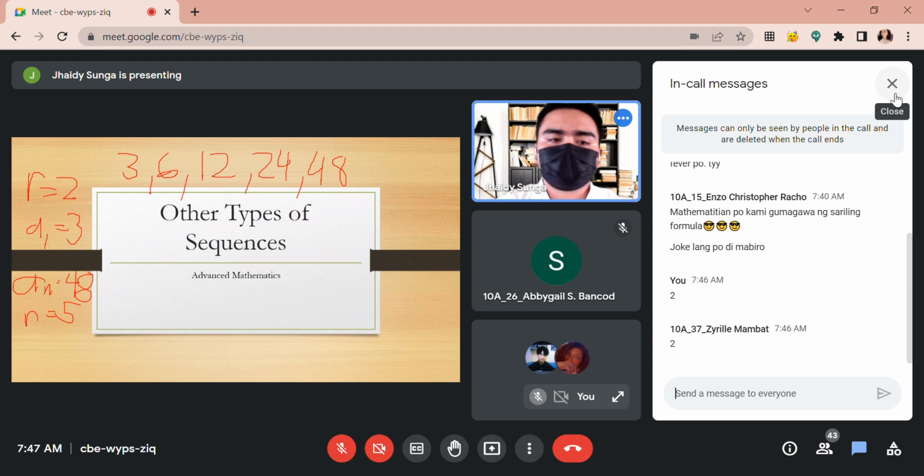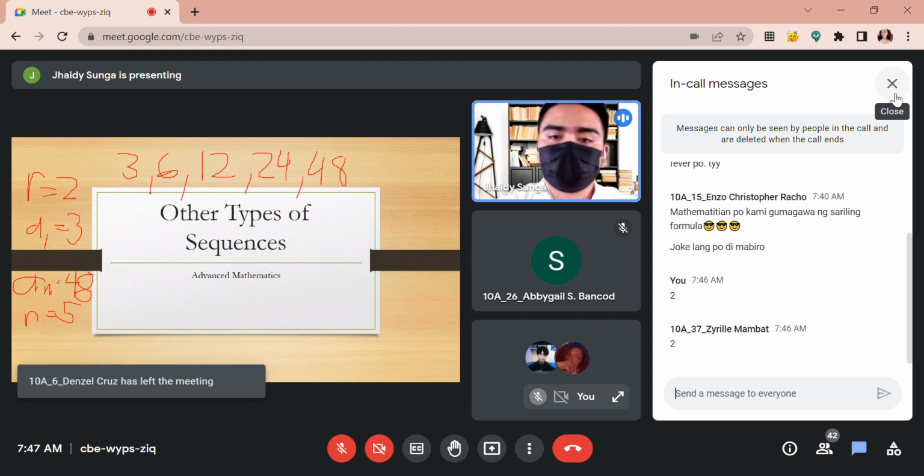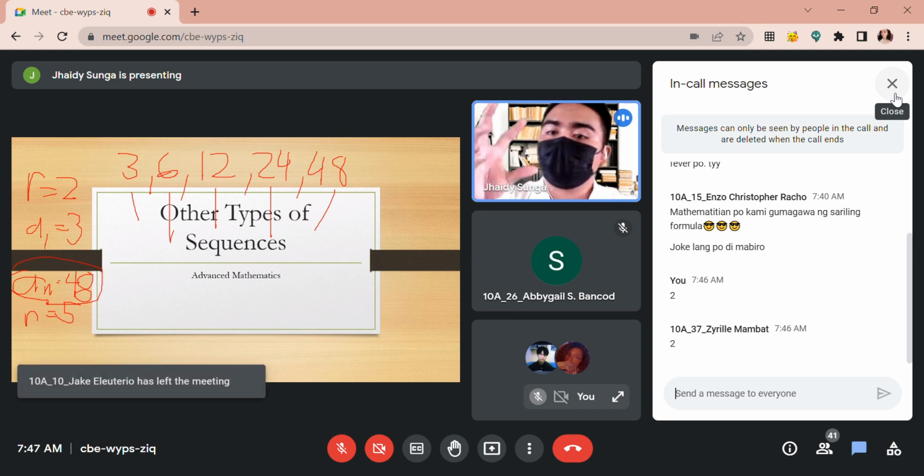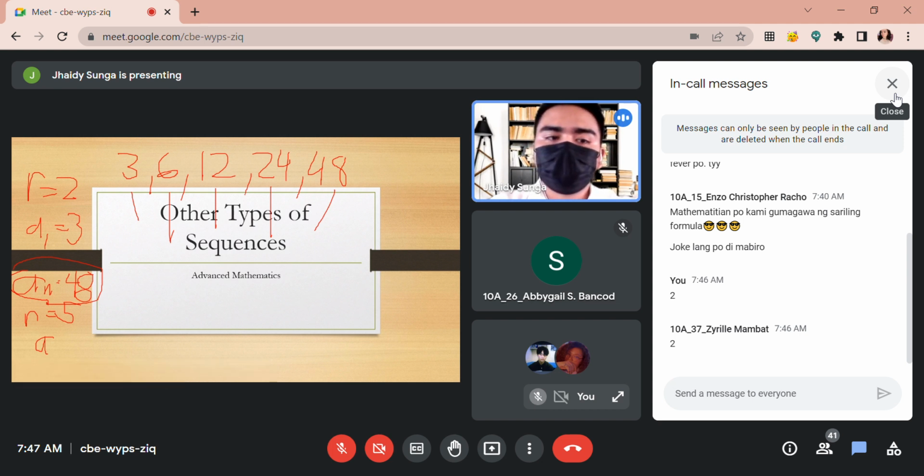Now, when we say n, the number of terms, it means how many terms do you see in the sequence? We do have one, two, three, four, five. So we have 5 terms. That's why our n is 5. If we say a sub n, it means what is the value of the nth term? If we say a, that is the term, and we put some numbers below the letter a.